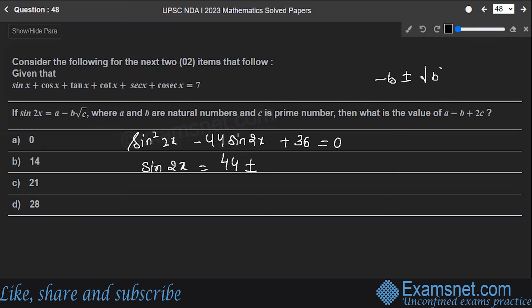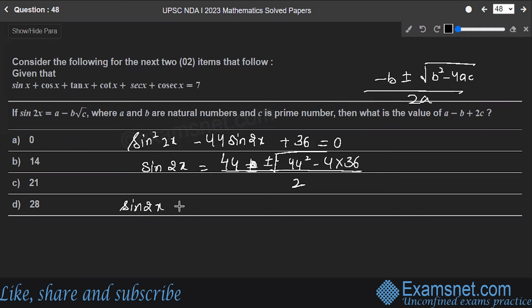So the value of sine 2x is equal to, using the quadratic formula, minus b plus minus root of b square minus 4ac upon 2a. So this is equal to 44 plus minus root of 44 square minus 4 into 36, whole divided by 2. So sine 2x is equal to 44 plus minus, when you solve this, you will get root 1792 divided by 2.